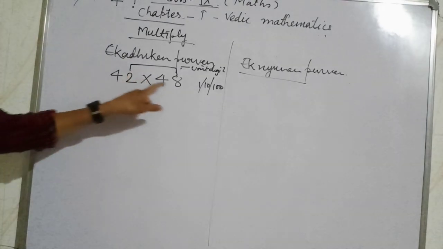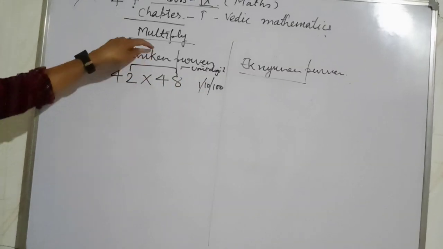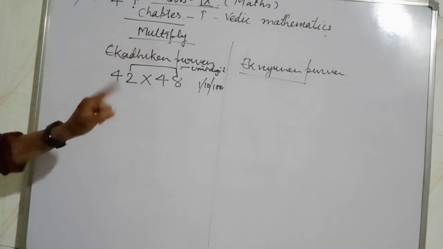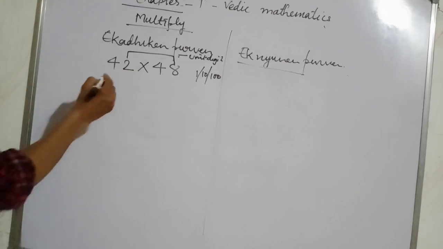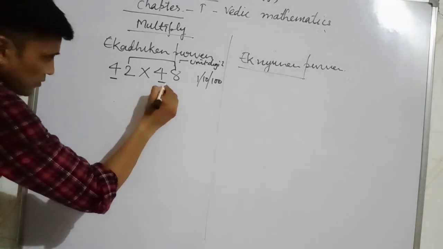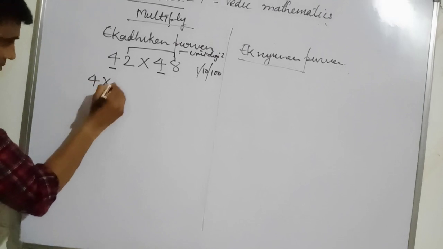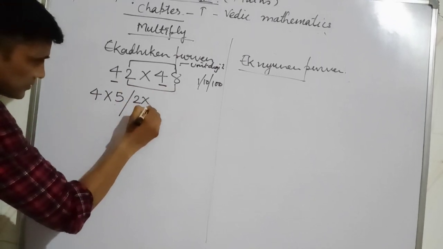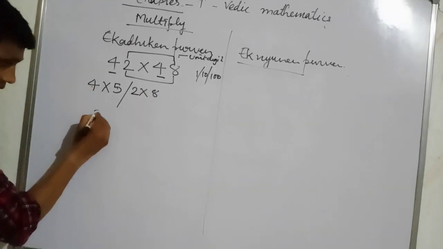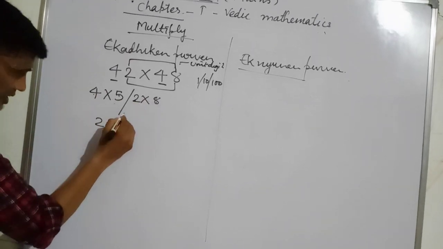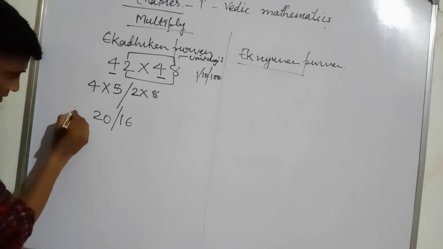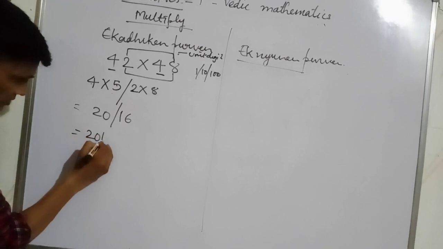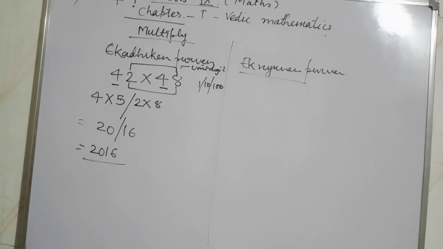Okay, 2 plus 8 is equal to 10. So you have to apply the formula of Ekadhikena Purvena. 4 into 5 is 20, 2 into 8 is 16, so the answer is 2016.